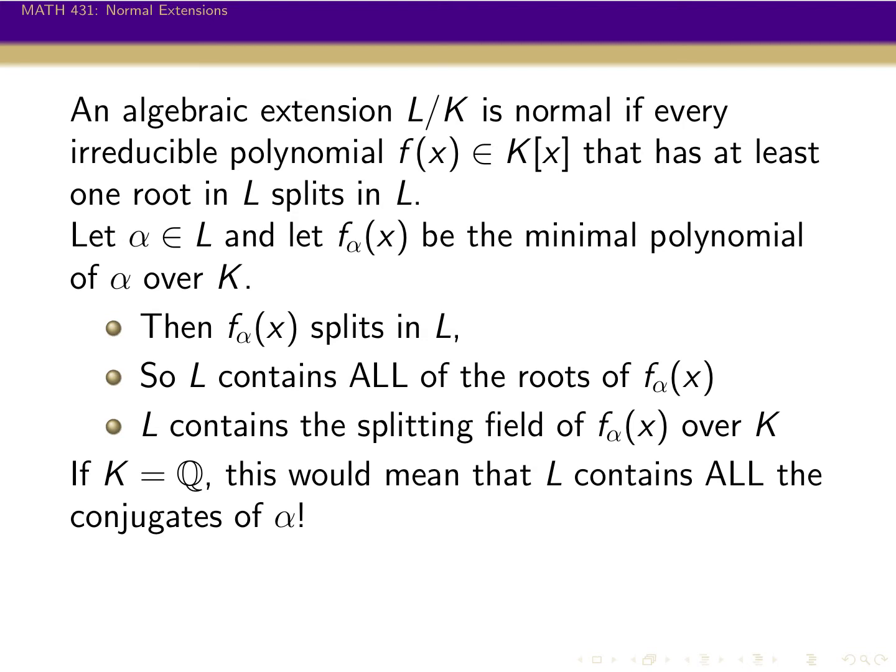And so in particular, if we had our base field be the rationals, well, if alpha is in L and L is normal over the rationals, that means that for any alpha in L, L has to contain all of the conjugates of alpha. Anything that alpha could possibly be sent to in a Galois group would have to be inside of L.